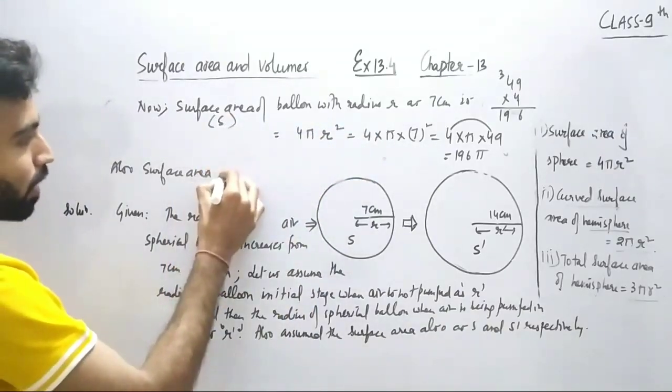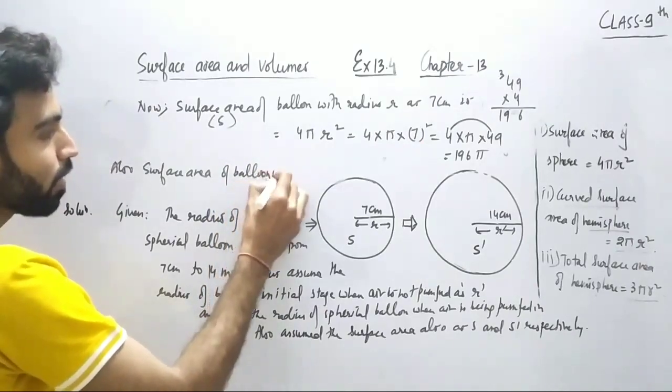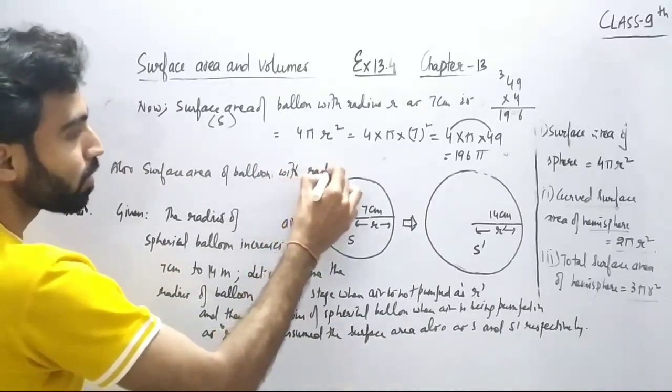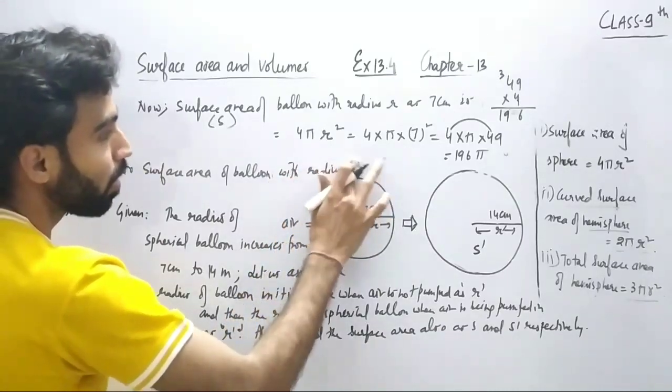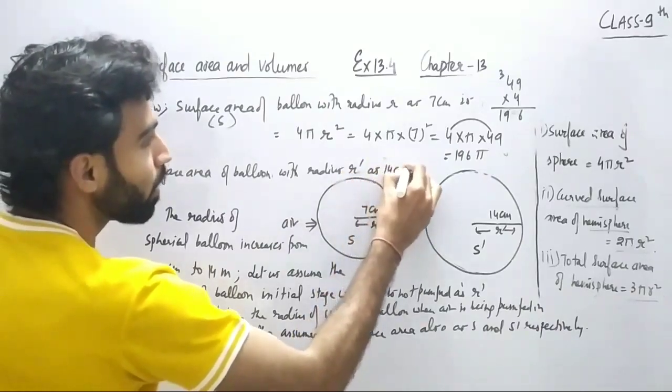Now also surface area of balloon, if I just write it correct, with, you can see radius r dash as 14 centimeter is.